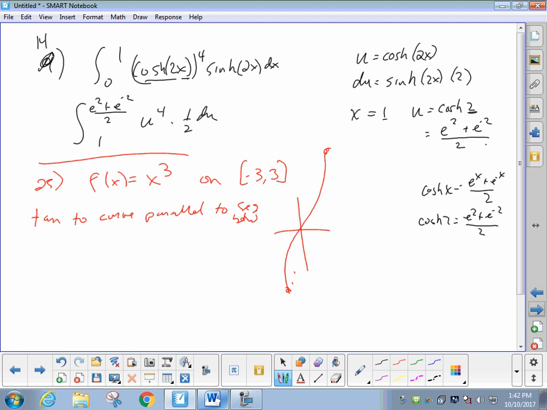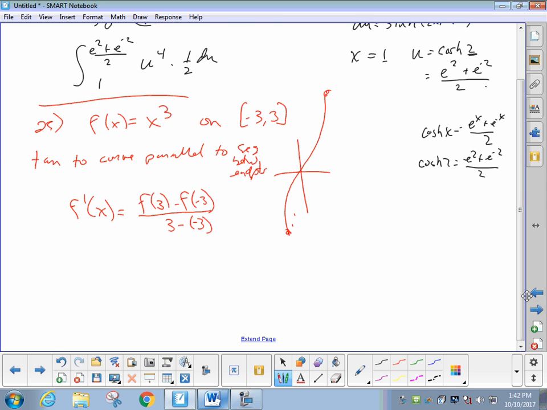So that, we know today, is the mean value theorem. The tangent to the curve, f prime at some point, needs to equal the slope of the segment between the endpoints. That's the average rate of change between the endpoints. So that's the key, the translation into calculus.